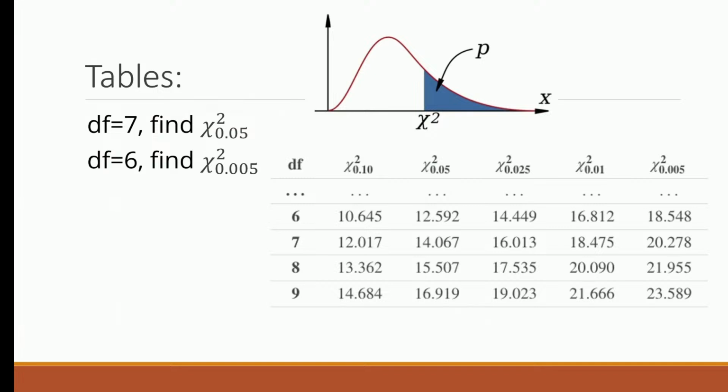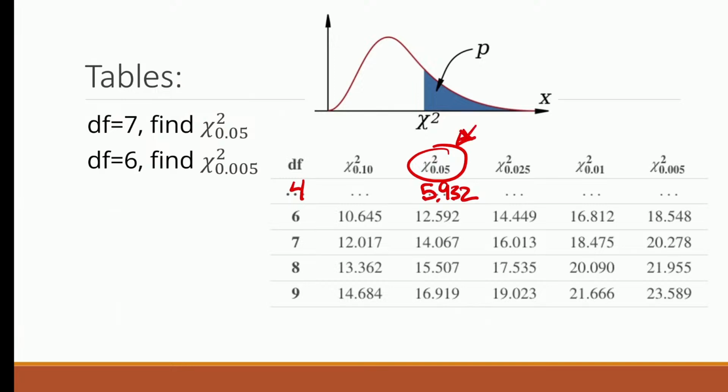So I would go to this table and I would find the degrees of freedom 4, and I would go over here to this column and look for the number. I'm just going to pretend that that's the number in the table, and that's what I would get for my critical number.